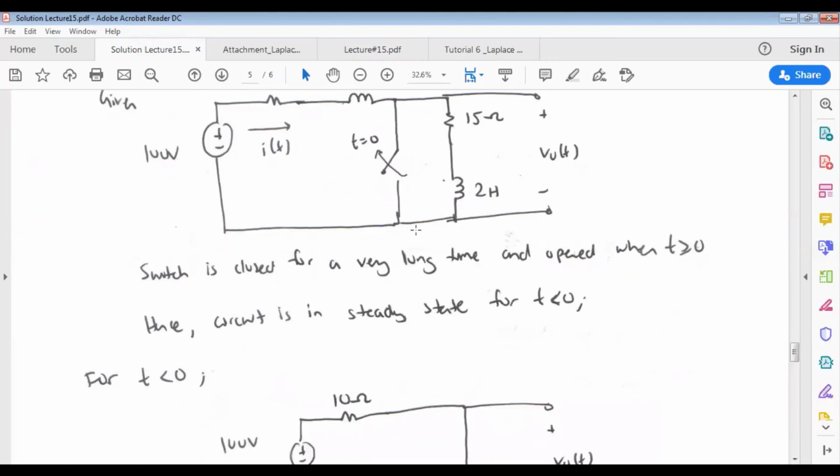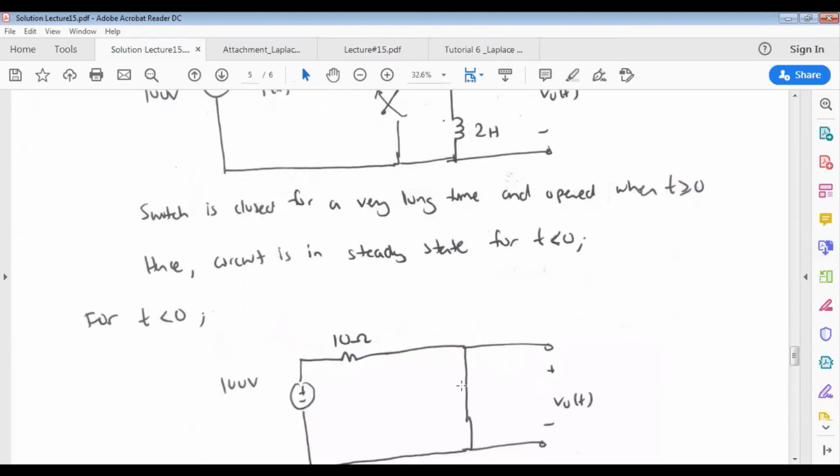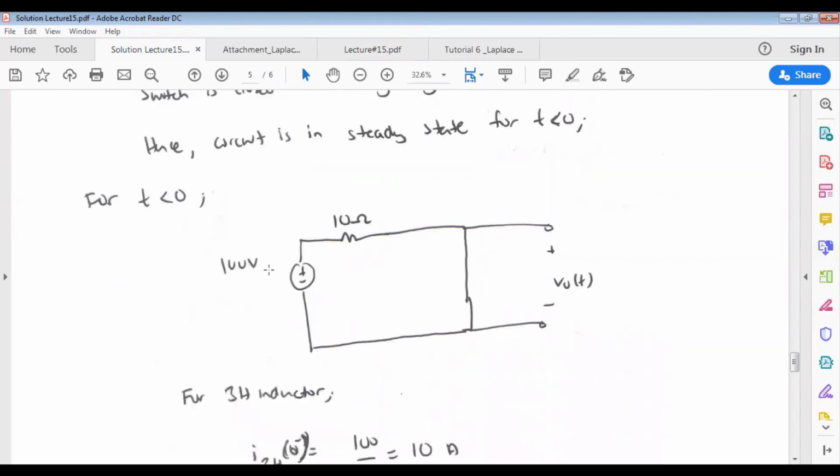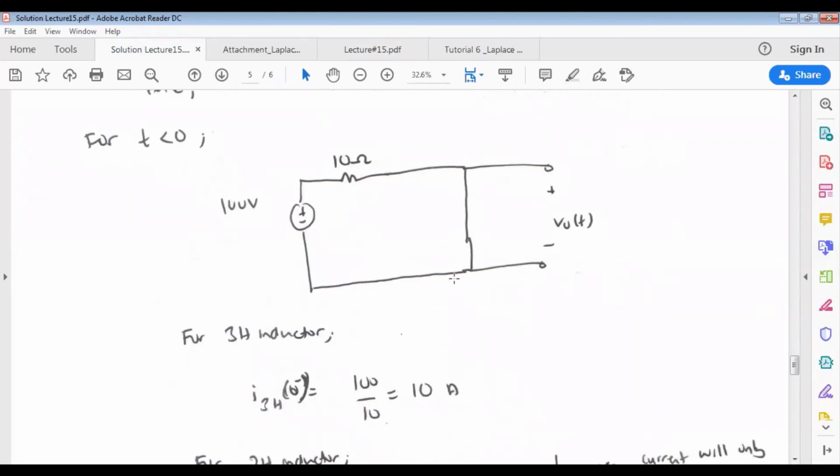So this is the sketch for a time t less than 0. We have 100 volts and a 10 ohm resistor. From here we can find the initial current of the inductor by simply finding the ratio between the voltage and the resistance, which will be 100 over 10.